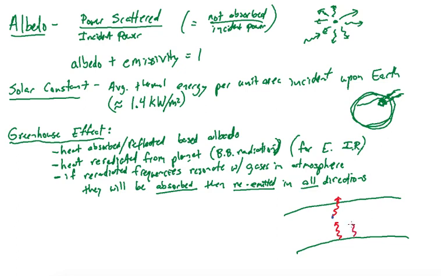But some of this can hit a different particle here, and it can actually be scattered back down, re-radiated back down, because it can go in any direction at once, up, down, left, right, side, anything. So some of it will be re-emitted back out into space, and some of it will not. It'll be bounced back down. The part that gets bounced back down and held in is basically just heat being held in, kind of like a big blanket, right?